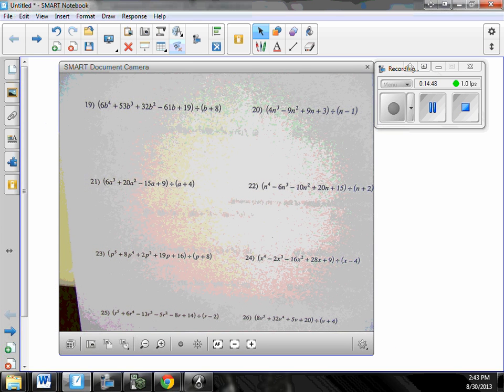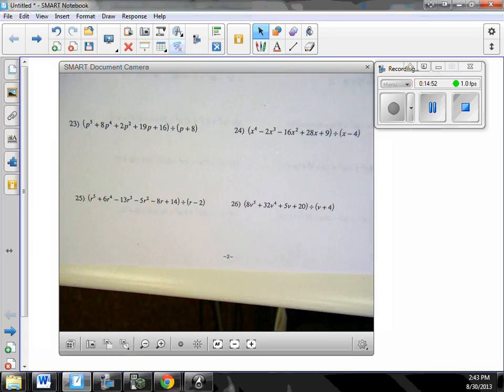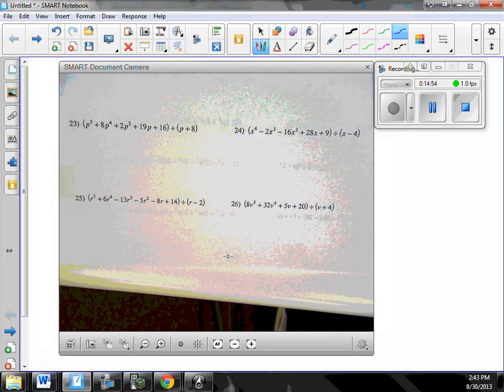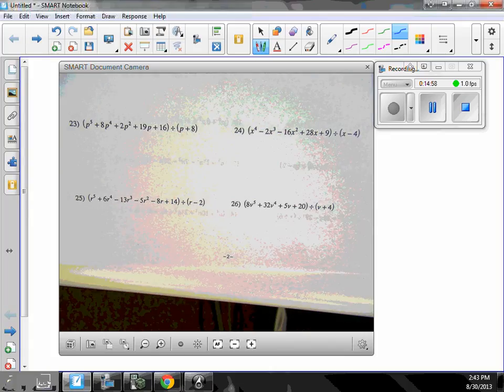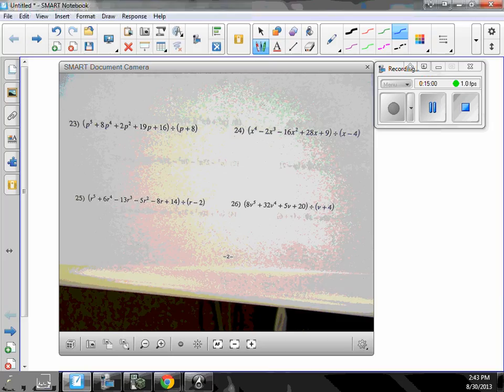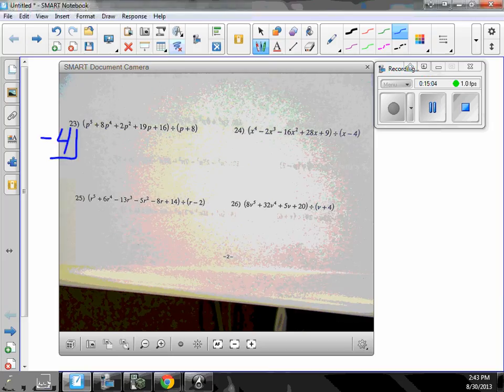All right, look at number 26. Am I missing any variables? There's a 3 and a 2. So what goes in the box? Negative 4 in the box.